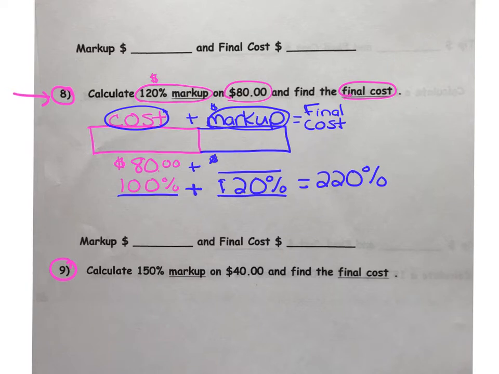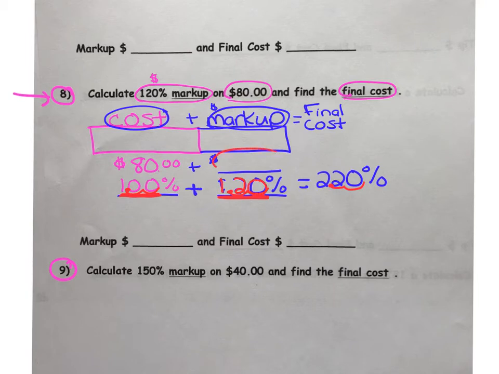So let's convert all of our rates to their decimal form. Move the decimal twice on each of our rates. Think of it this way. For every original dollar we spend, we're going to add $1.20 to it so that we can make a profit.